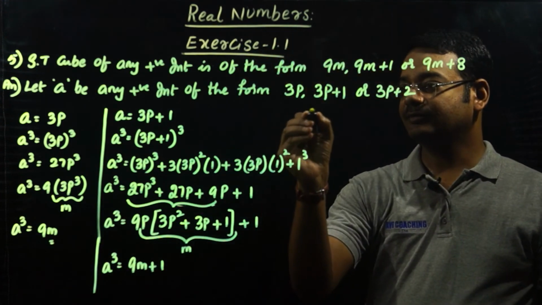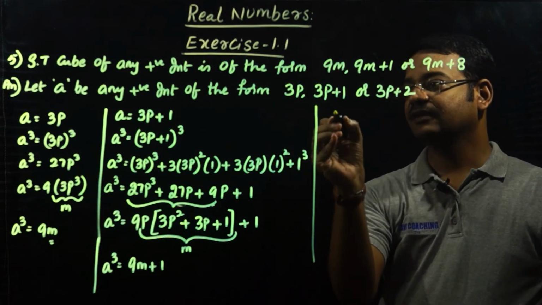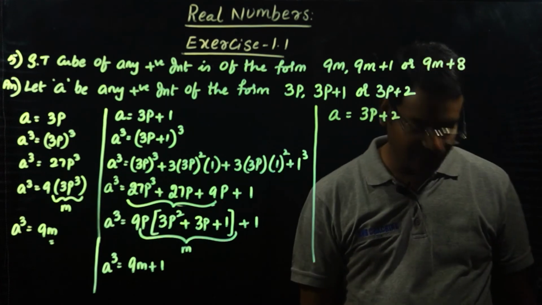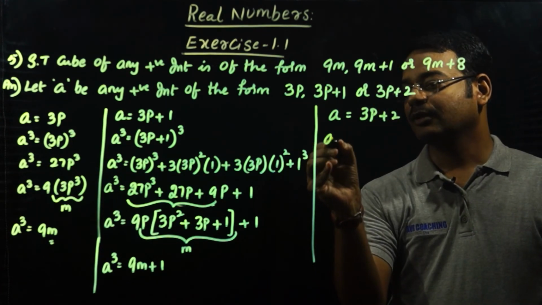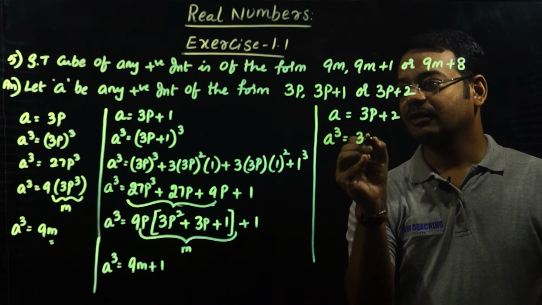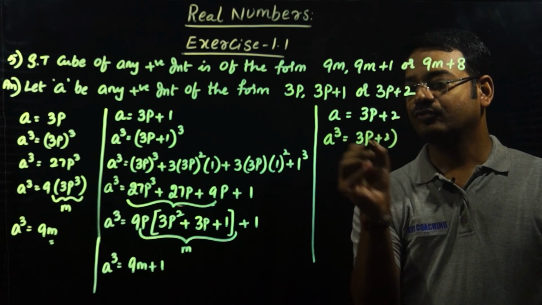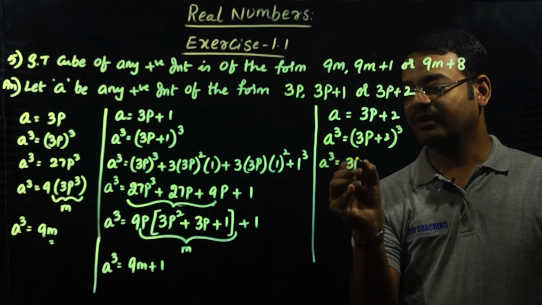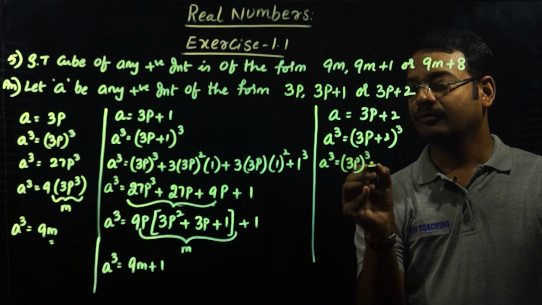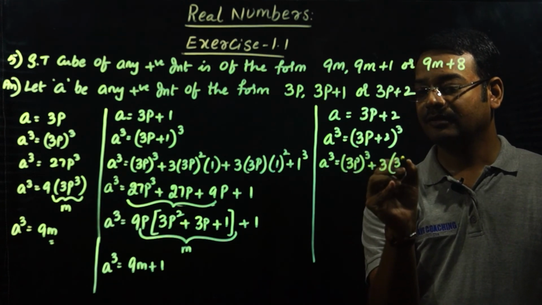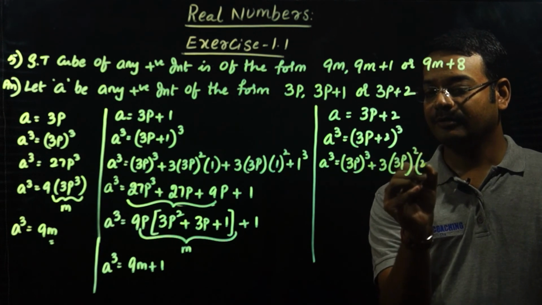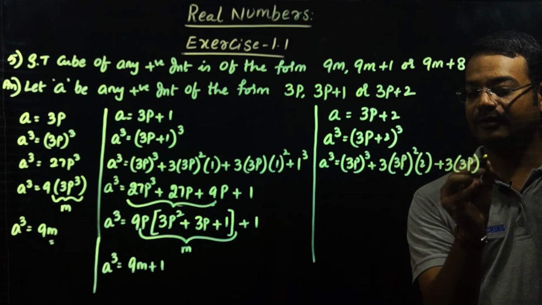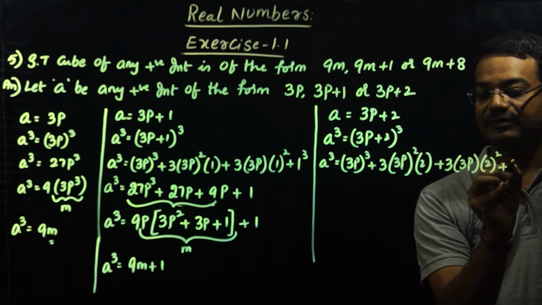Now we come to the third part, that is A equal to 3p plus 2. Again here also we are going to cube it. A cube equal to (3p plus 2) whole cube. So A cube equal to A cube plus 3A square B plus 3AB square plus B cube.